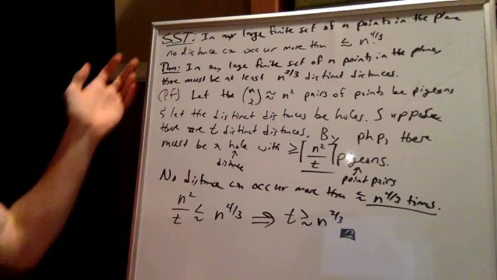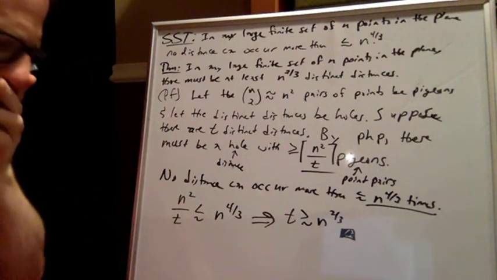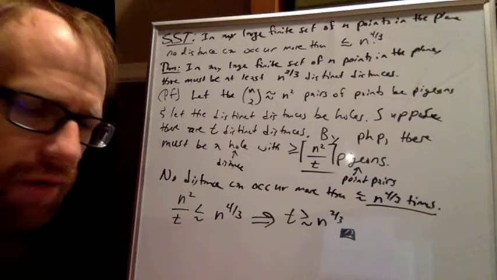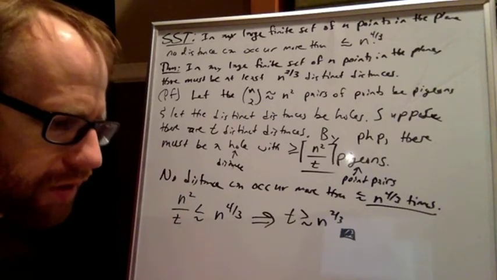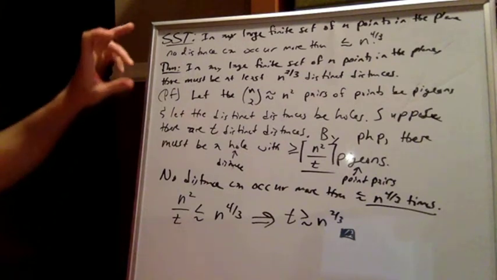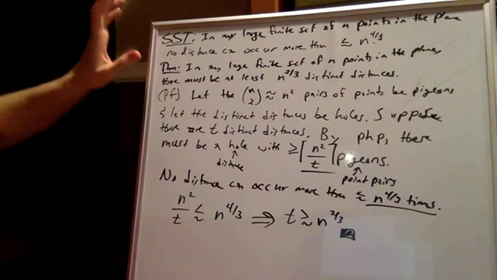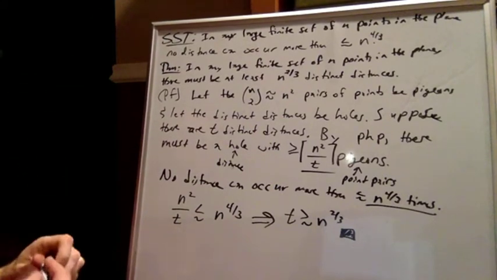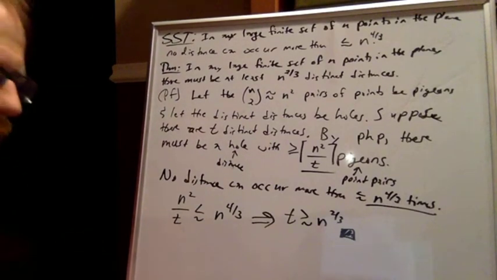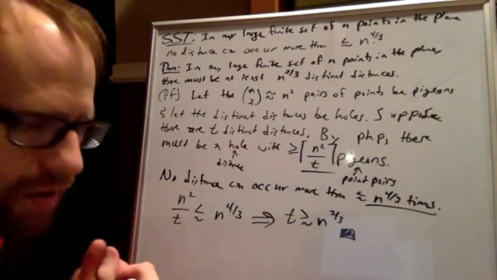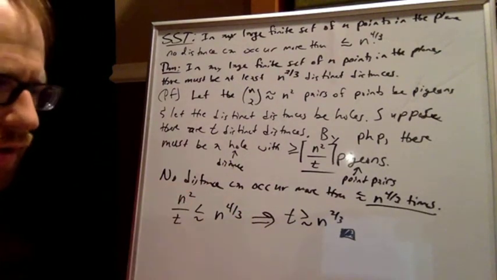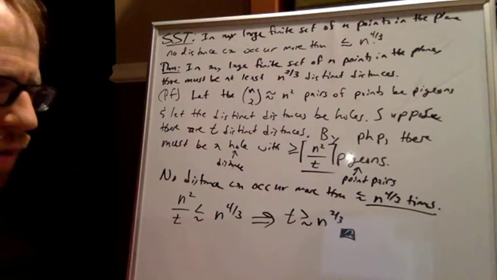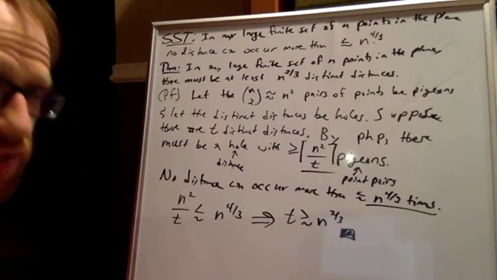Now I want to do another application. I should say, I mentioned that I had recently written a paper that involved recurrence equations. As a side note, if we take this problem, how often can a single distance occur, and we start looking at how often can a pair of distances occur between a triple of points, or how often can, say, 4 distances occur measured between 5 points, what we get is some sort of self-improving estimate.